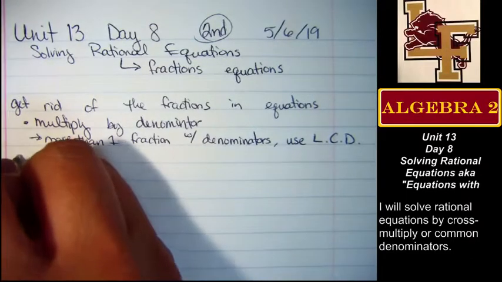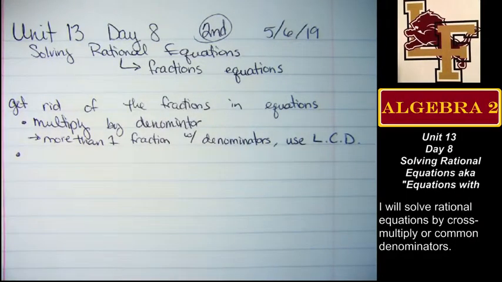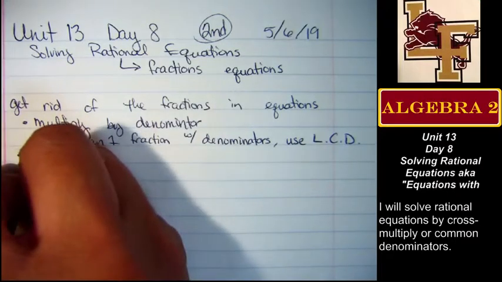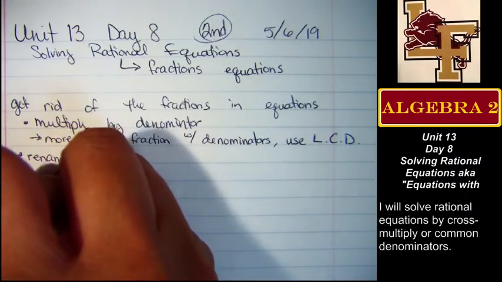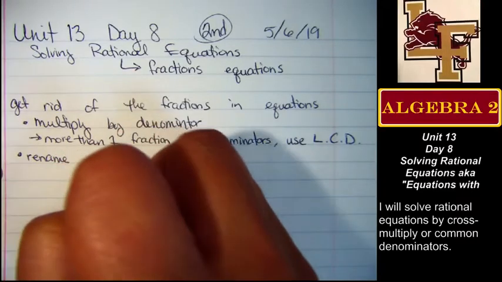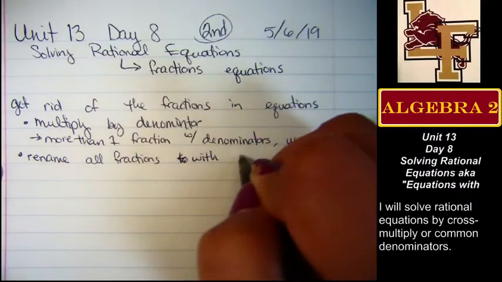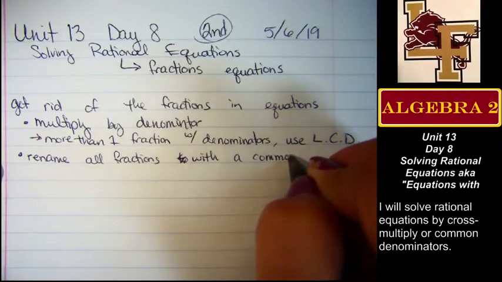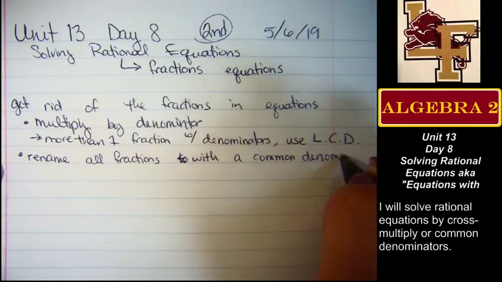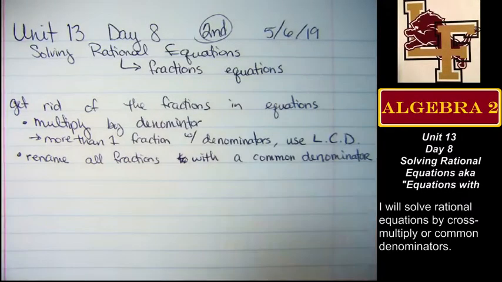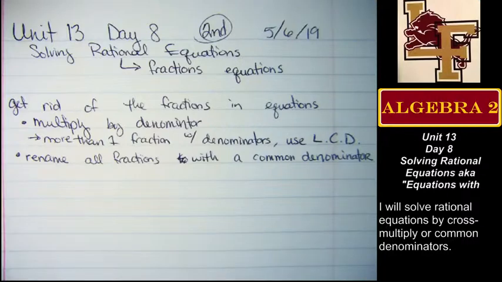All right. There's 2 other methods. The second method is rename all fractions with a common denominator. Once we have all the fractions rewritten and renamed so that they all have the same denominator, we can get rid of the denominators and you look at just the numerators. That's the technique I like the best.